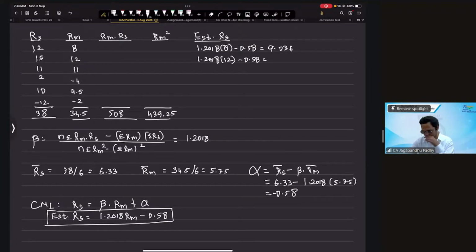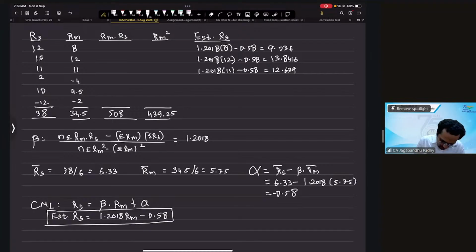This is 13.8416. Then 1.2018 into 11 minus 0.58. How much is the estimated return? 12.6398.